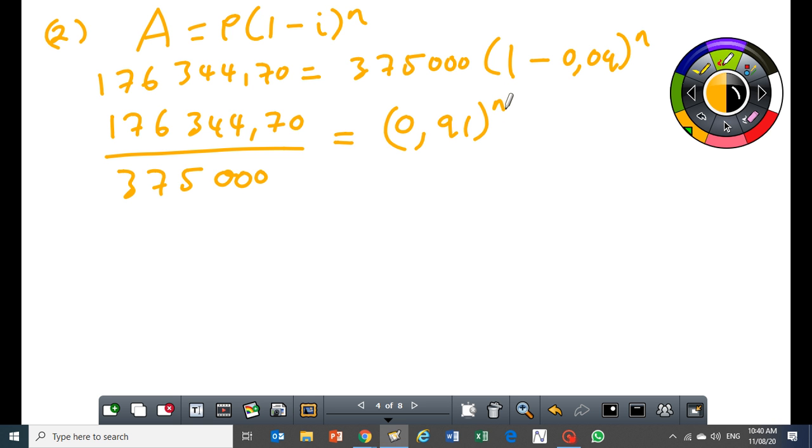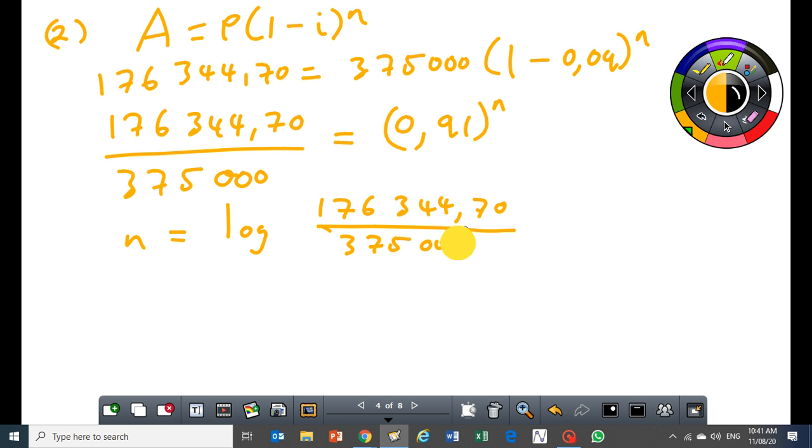It's your choice. So n is going to be equal to the logarithm of 176,344.70 over 375,000 to base 0.91. I prefer to put that in brackets.